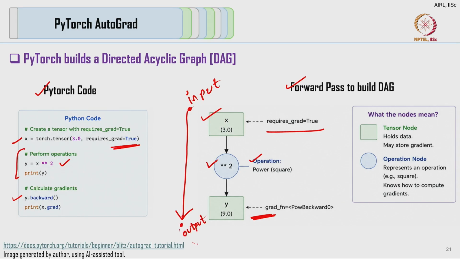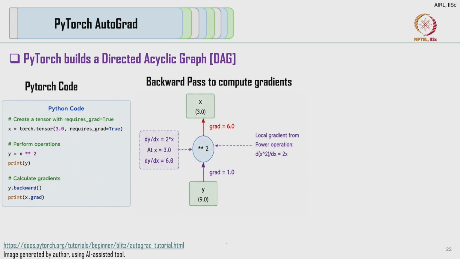Once we have propagated towards the output, for a neural network we would compute an error. Since this is not a neural network, this is just a mathematical operation, we will not use the error here. Now let us take a look at the backward pass. When we do y dot backward, we go from the output to the input.